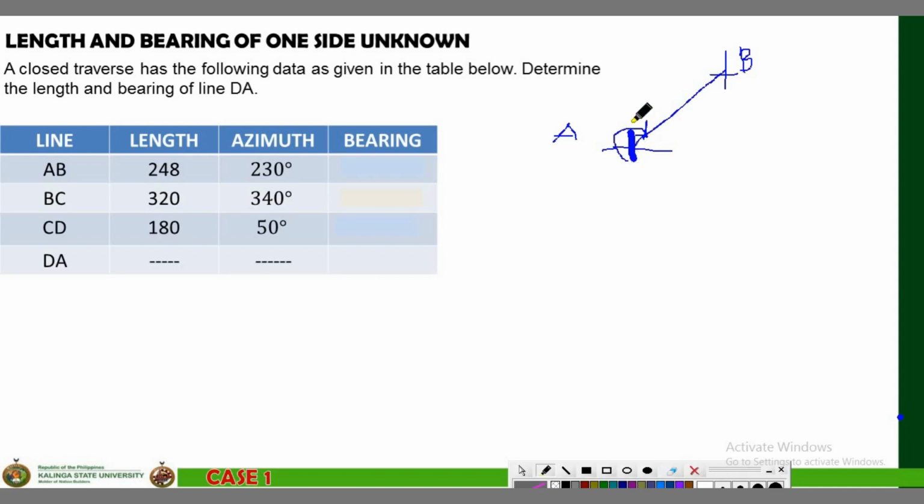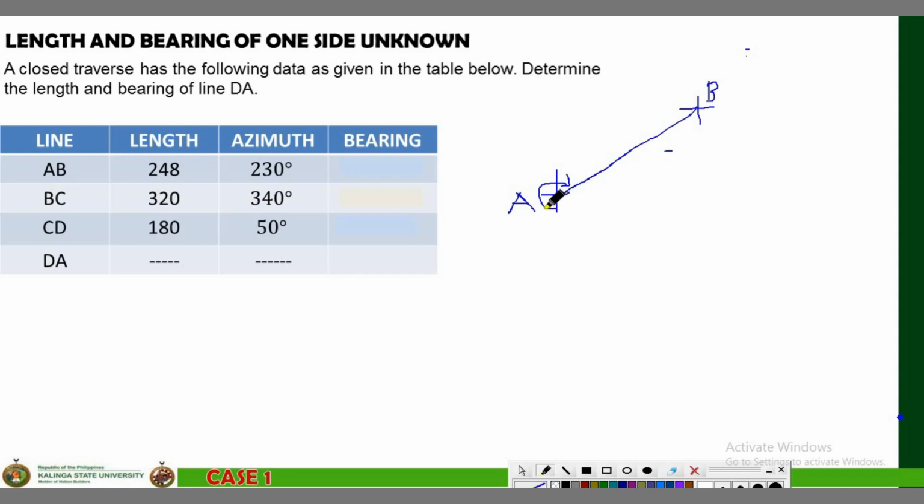Where is its bearing? The bearing we are looking for is this violet one. What is its measurement? Let's say again, here is A, and its azimuth from the south going to B is this angle. This is point B, so that is our line AB.